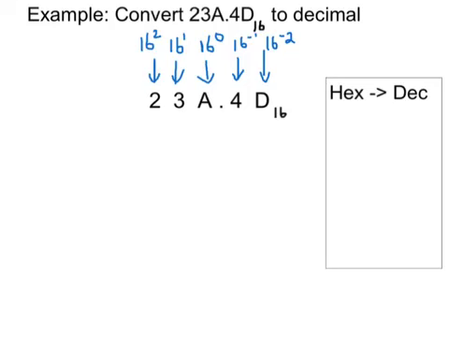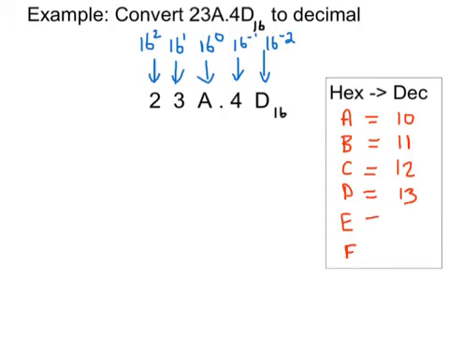Over here, let me remind you of the decimal equivalent of the hexadecimal numbers A through to F. So A, B, C, D, E and F. Well, A has a value 10, B has a value 11, C 12, D 13, E 14 and lastly F 15.